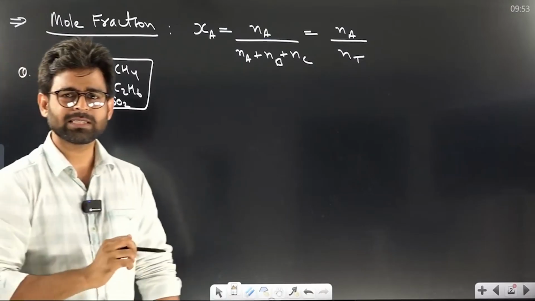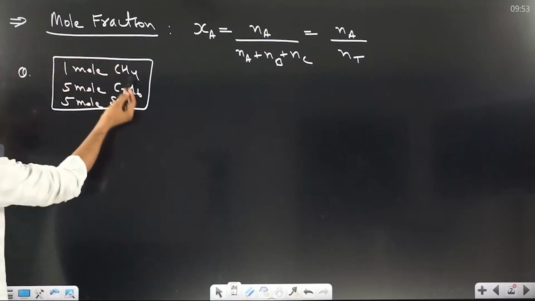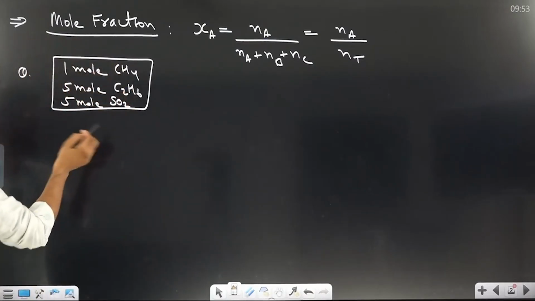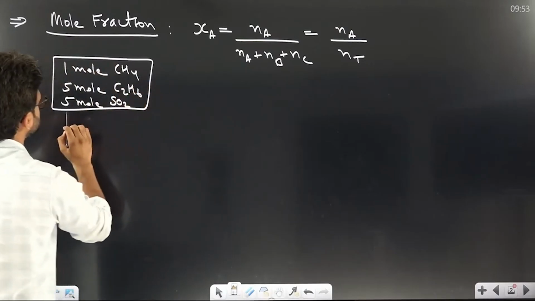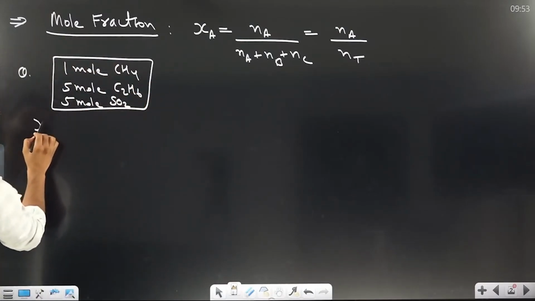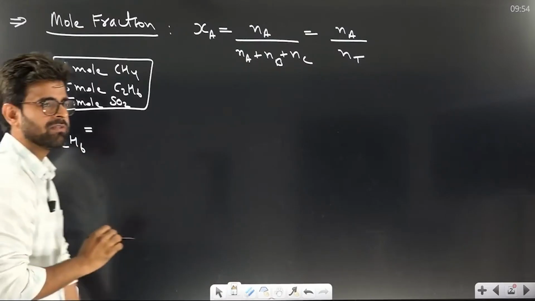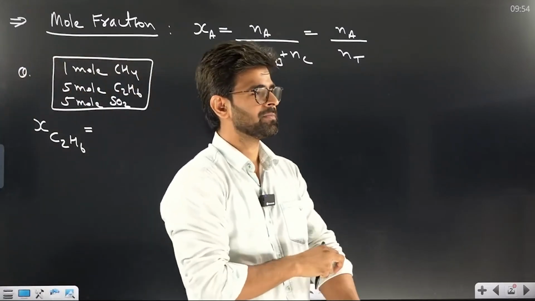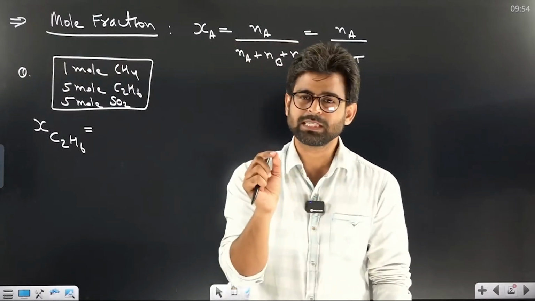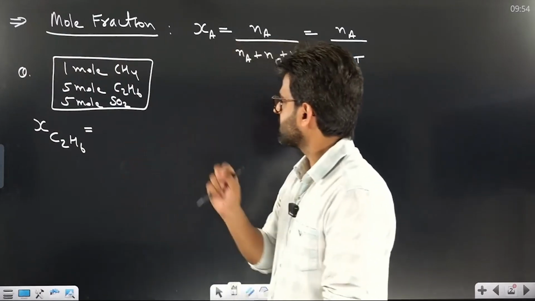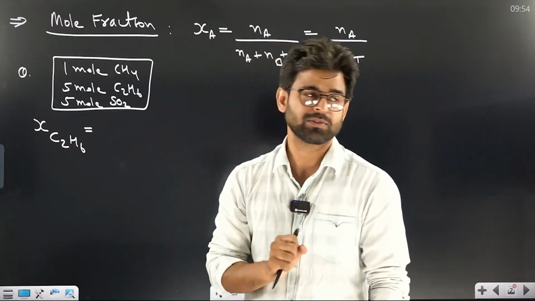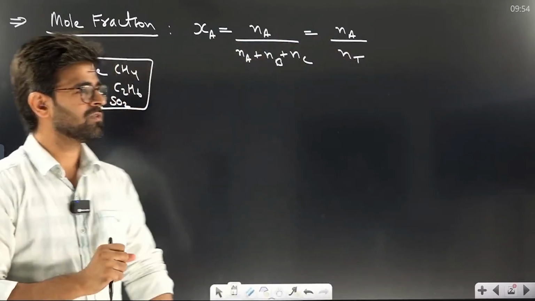Simple question I am giving first. I have 3 gases in my box. So I want to ask you, find the mole fraction of C2H6. Fast, please. Just for revision. 1 mole CH4, 5 moles of C2H6, and 5 mole of SO2. So tell me the mole fraction of C2H6.